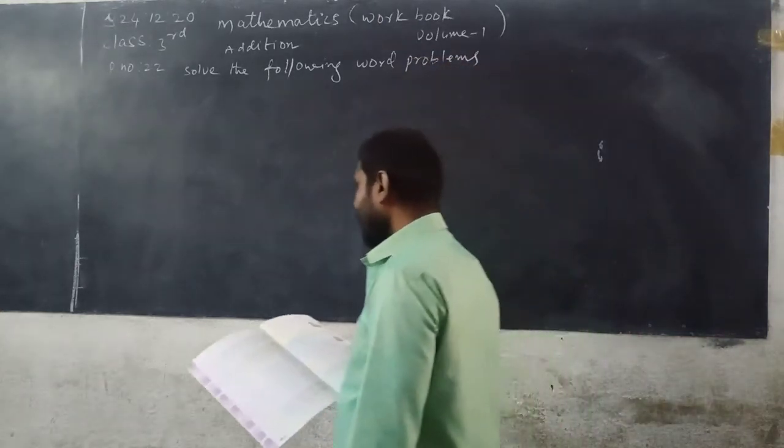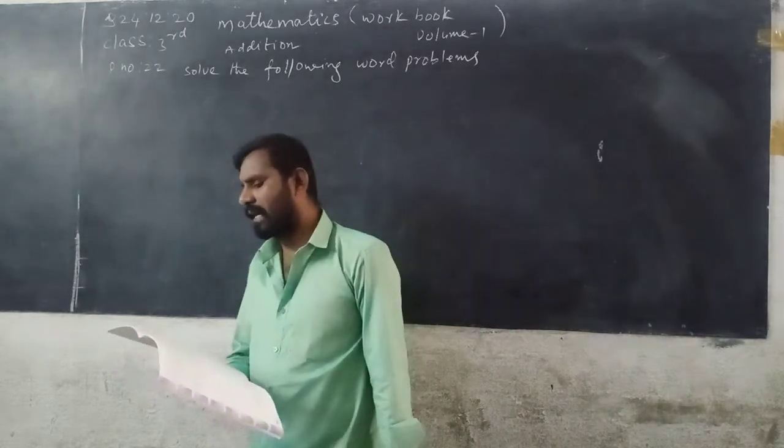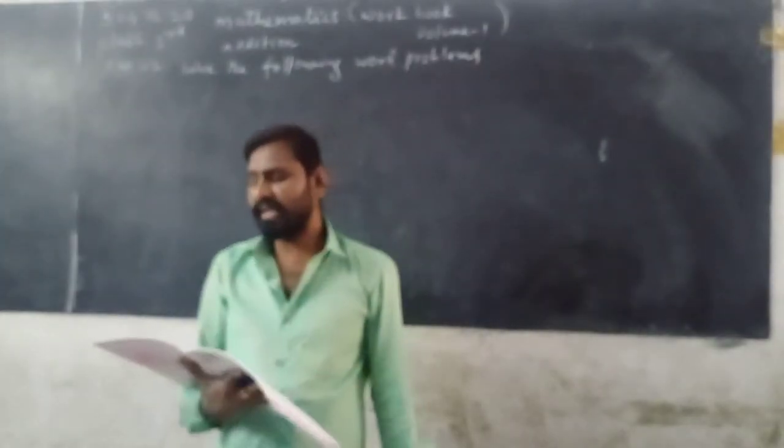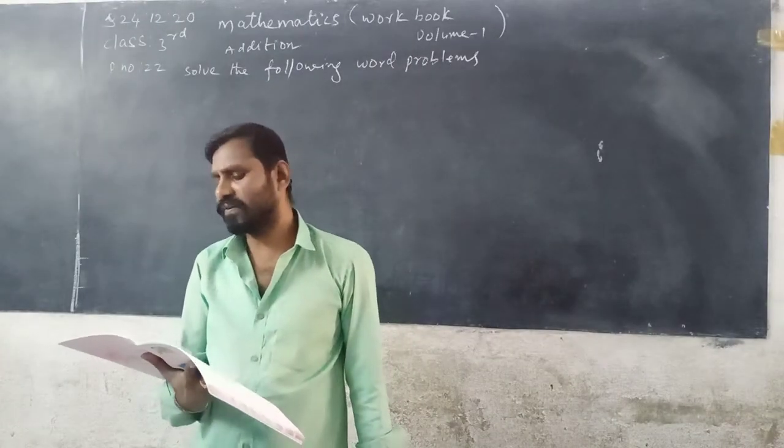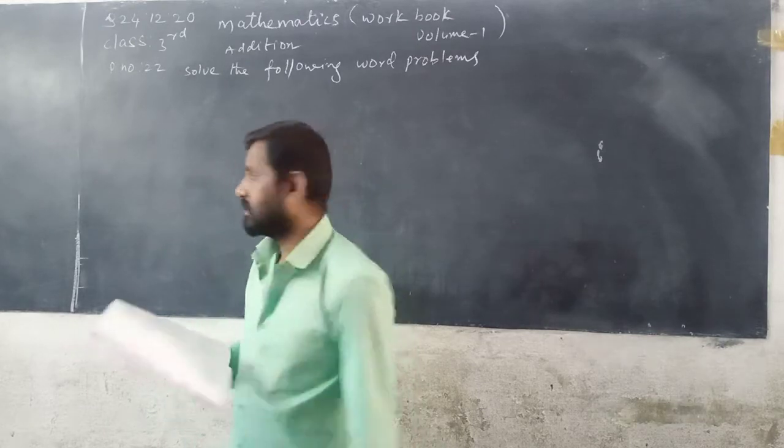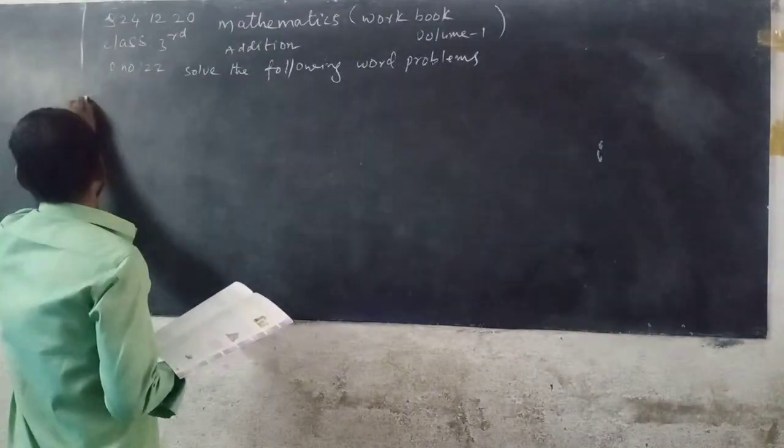In a village there are 4,093 men and 3,586 women. What is the total population of the village? Solution: write down everybody.